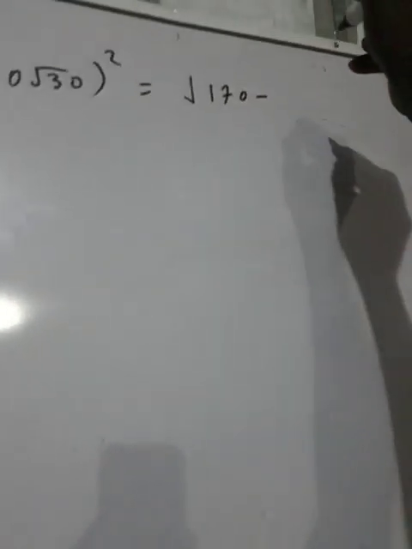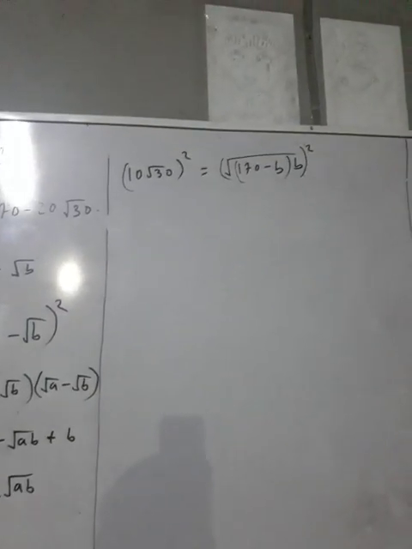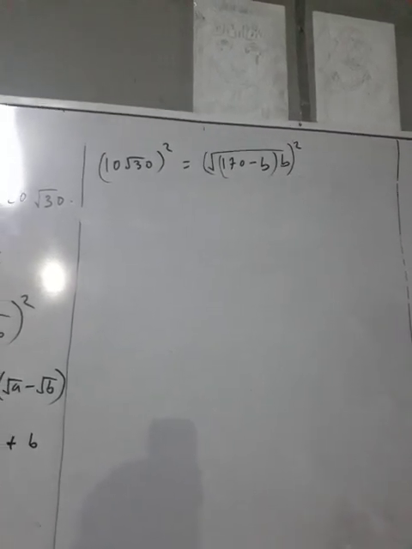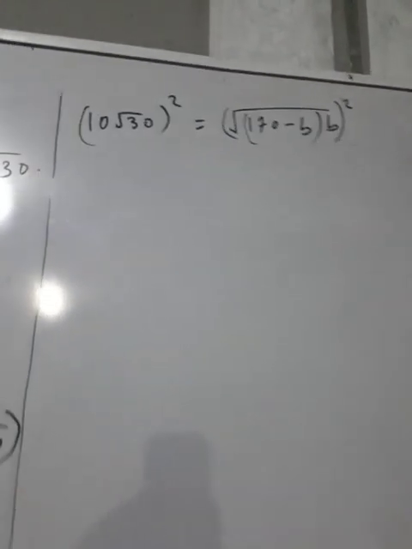This will now give us 10 root 30 squared is equal to root of 170 minus b times b, squared. The essence of this is to remove the radicals, the square root function.